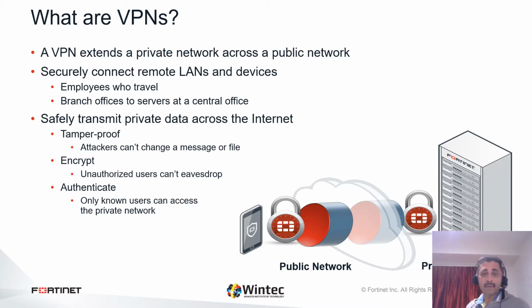It is normally encrypted so that unauthorized users can't eavesdrop. Most VPNs are SSL or IPsec VPNs. FortiOS as an operating system supports both, as well as the common weaker VPN, the point-to-point tunneling protocol or PPTP. In this particular lab, we are going to focus more on the SSL VPNs.